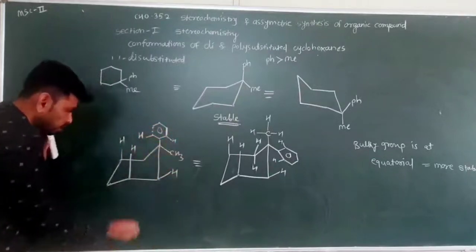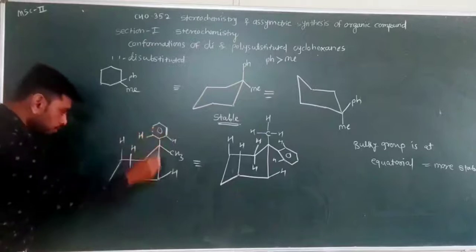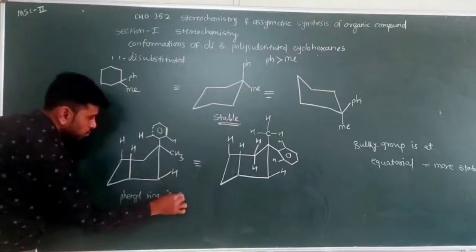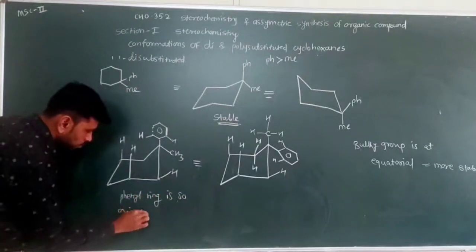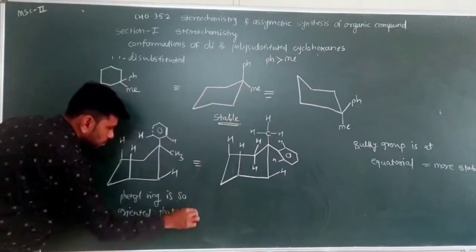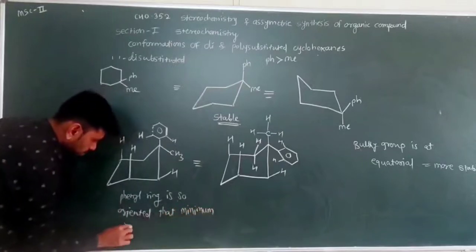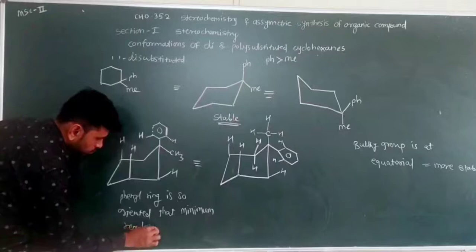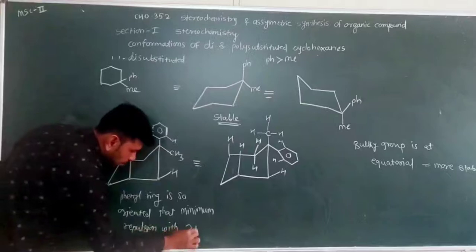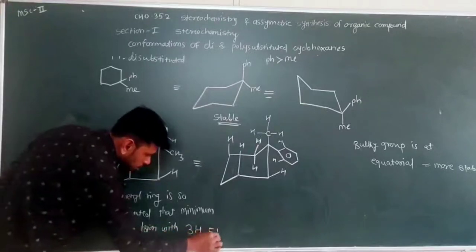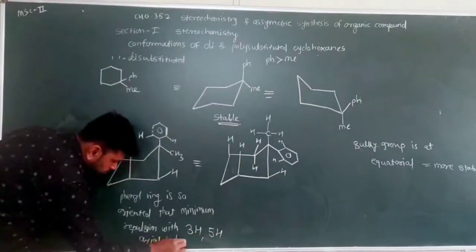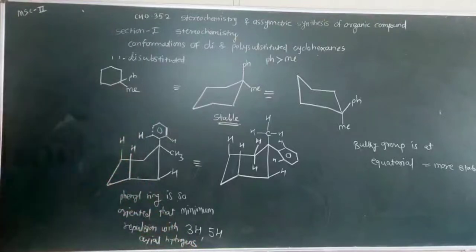These two hydrogens of the phenyl ring are so oriented that there is minimum repulsion with these axial hydrogens at position number 3 and position number 5. So that's why this structure is more stable.